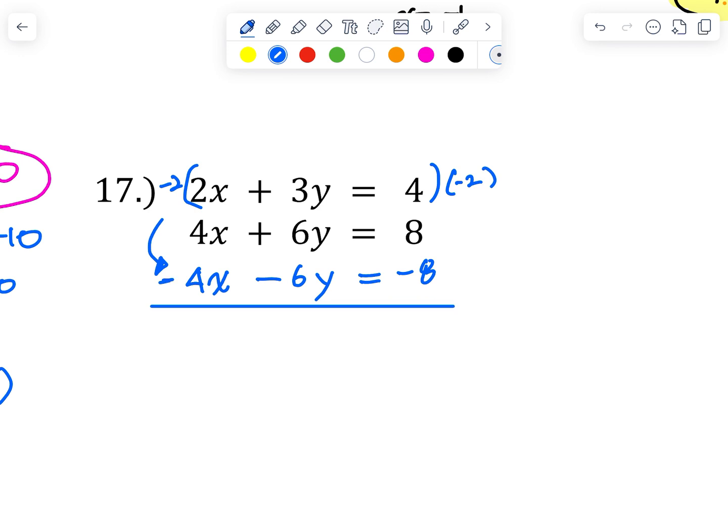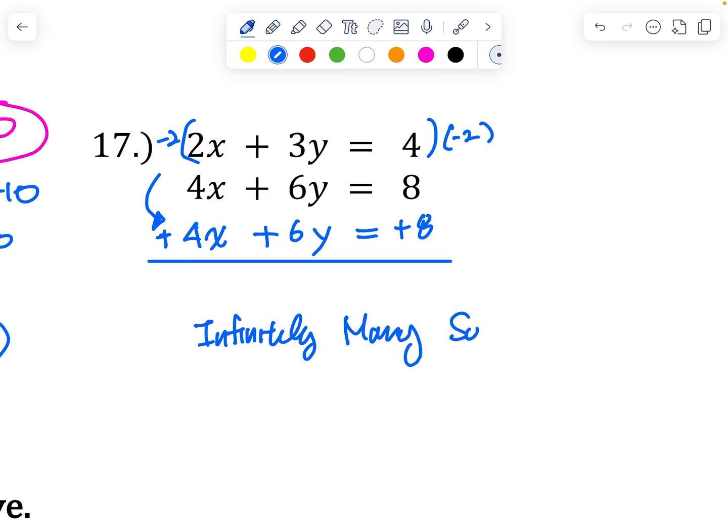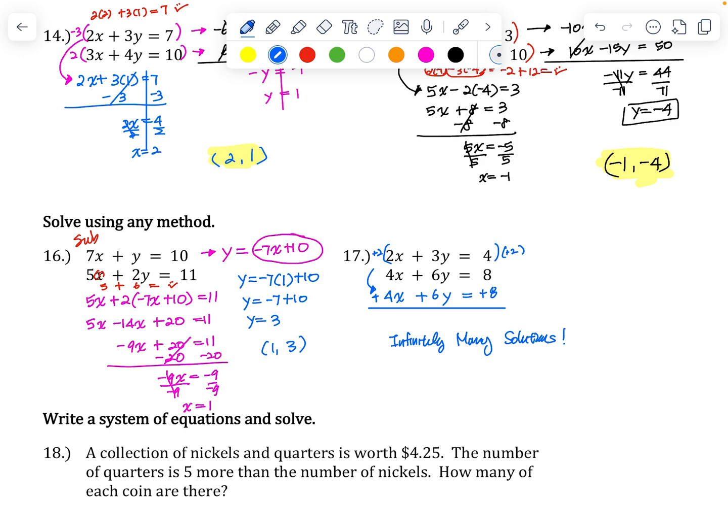Because if I multiply everything by negative 1, that's going to be positive 4x... Ah, these are exactly the same equations. I don't even have to solve this. At this point, you can say infinitely many solutions.